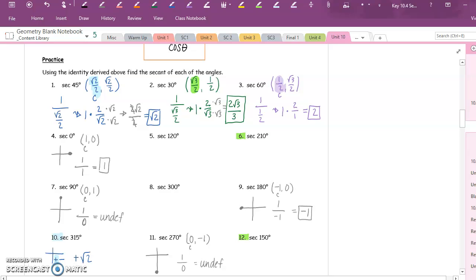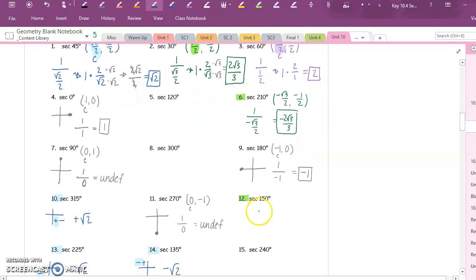So secant of 210, I know that that is in the third quadrant. So we have negative, negative, negative root 3 over 2, comma, negative 1 over 2. So we have 1 over a negative root 3 over 2, which is going to be a negative number. So we have negative 2 root 3 over 3.